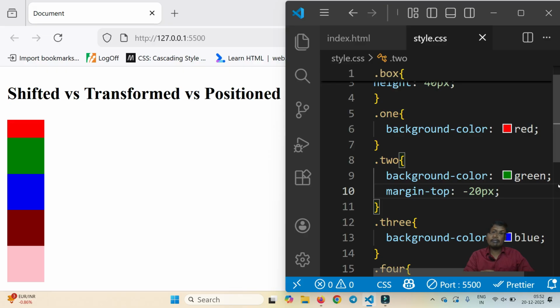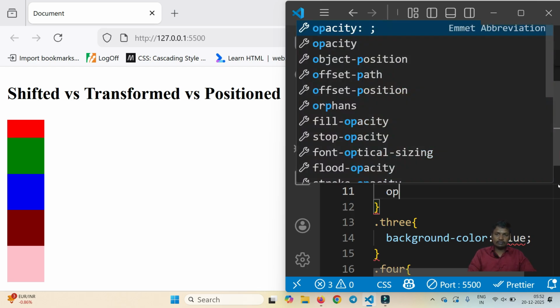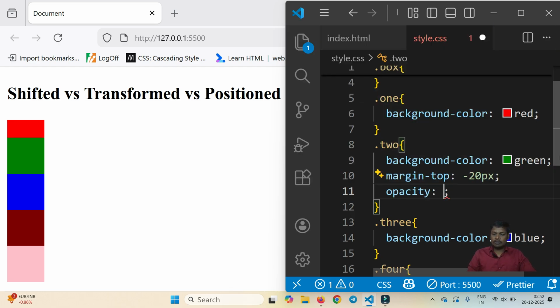Is it real overlapping? If you want to see it really overlapping the red element, you may give a positive z-index. You see the red element is behind the green element. So the green element overlaps the red element.